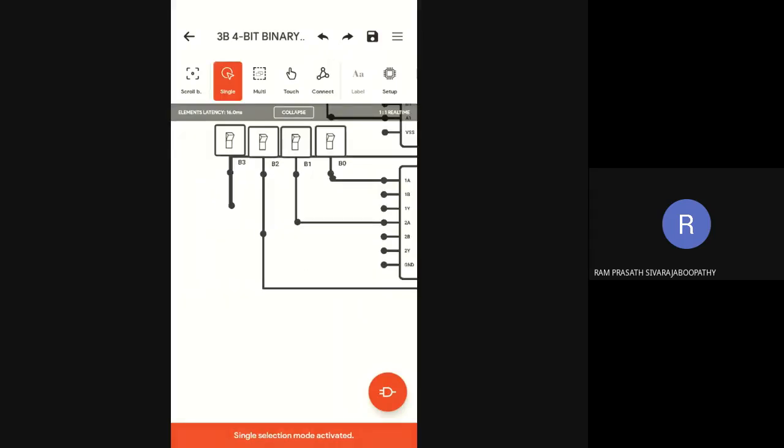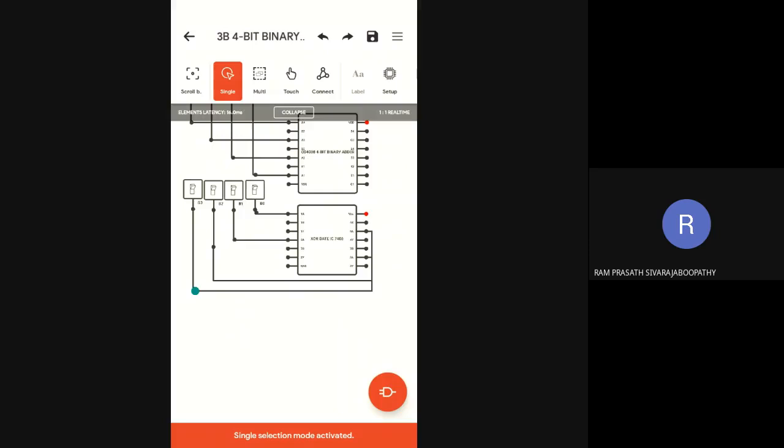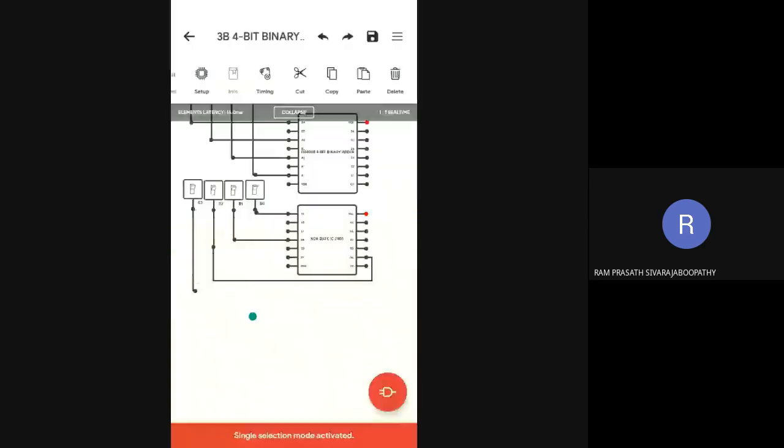So for proper connection, changing the position of the node. So I have to use one more node, I think so, for this connection. I'm going to delete this. One more node I have introduced.